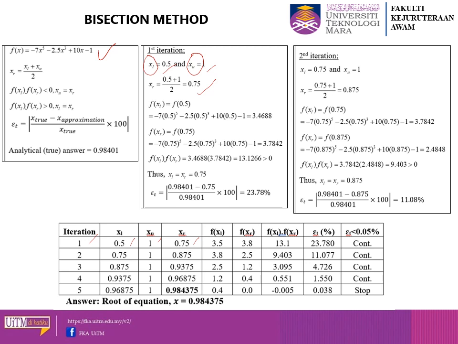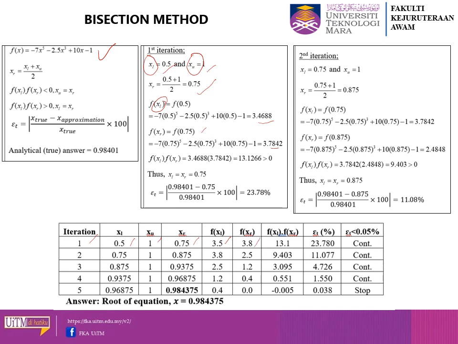Then we substitute the XL value of 0.5 into the function, and the answer of the function is 3.46 or 3.5. Similarly for the XR value, we substitute 0.75 into the function and the answer is 3.78 or 3.8 in this table.